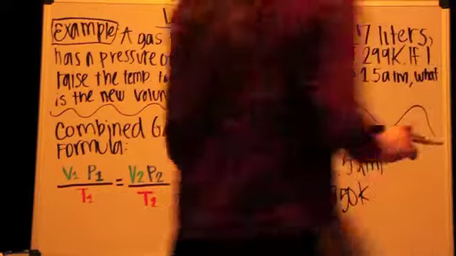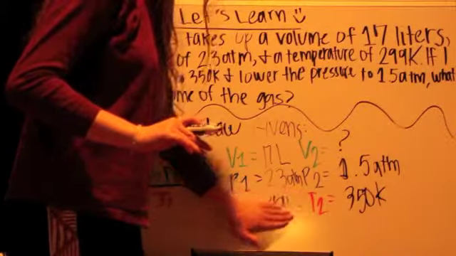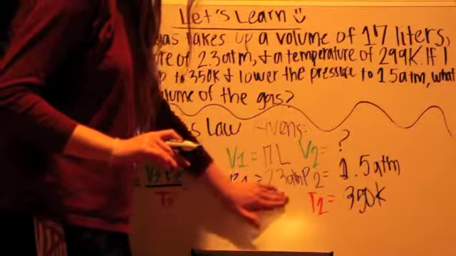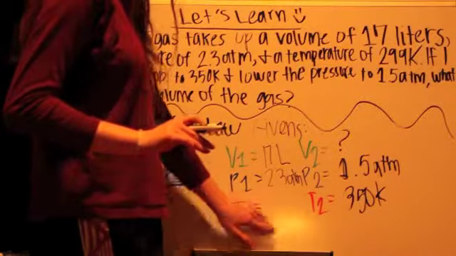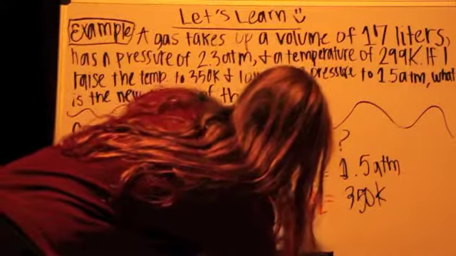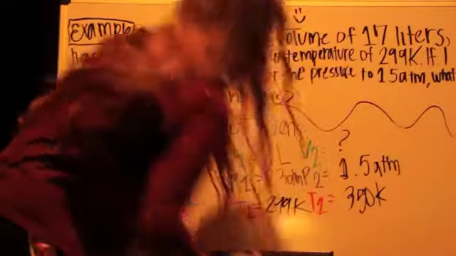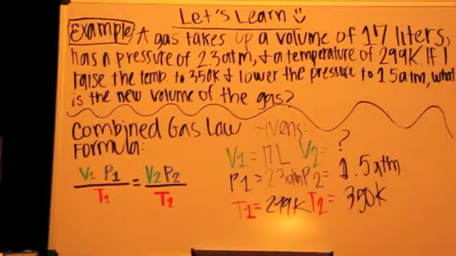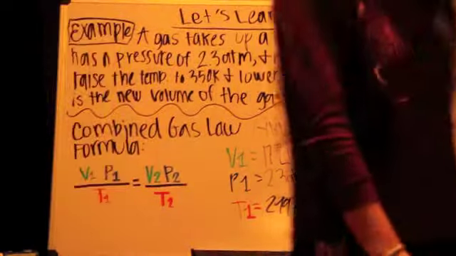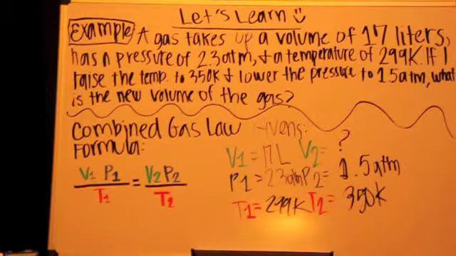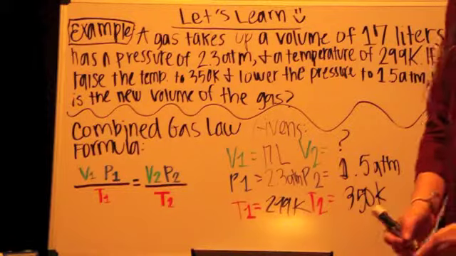Sorry, my brain went blank for a second. The first value for temperature is 299 Kelvin. This is why it's good to write out your givens so you don't get confused, because see how I just made that mistake? That's a learning experience right there.